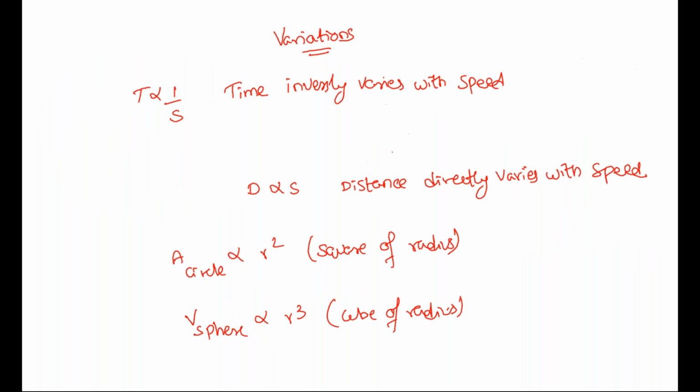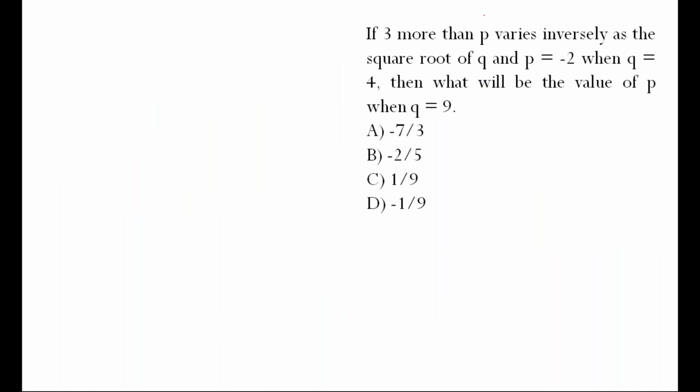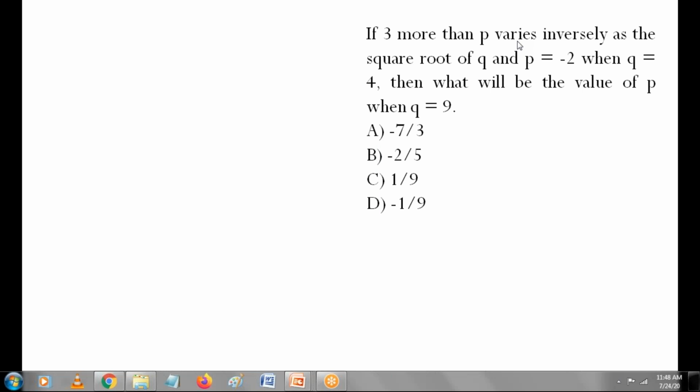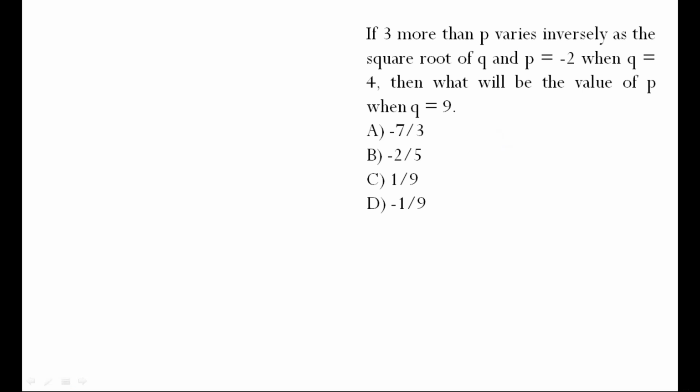Fine. Now, see this, guys. Let's see the question given in Wipro company. What they mentioned here: 3 more than P varies inversely as the square root of Q. This is how you have to decide.